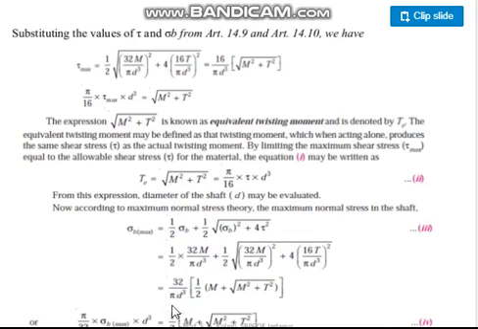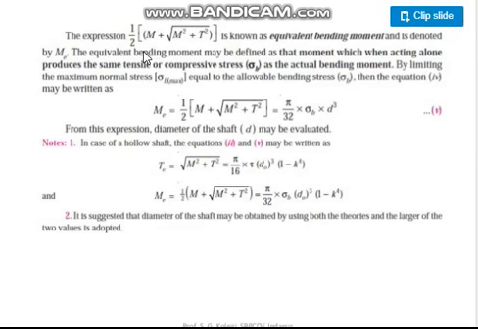Now we can write this as pi by 16 sigma b maximum d cube is equal to half of M plus square root of M square plus T square. This expression, half of M plus square root of M square plus T square, is called the equivalent bending moment.